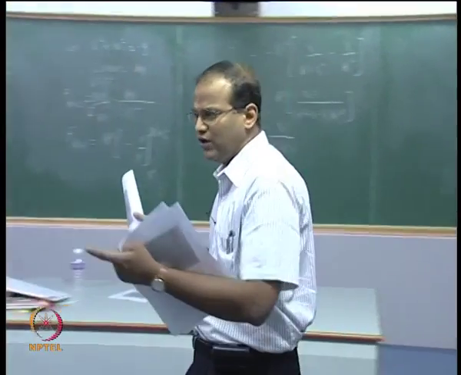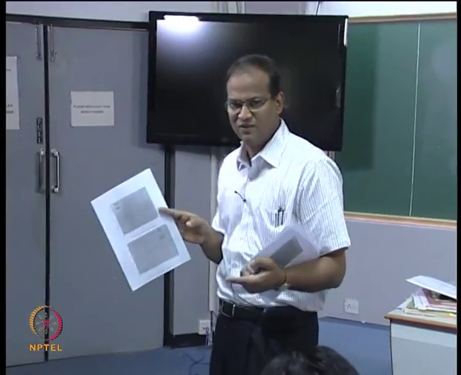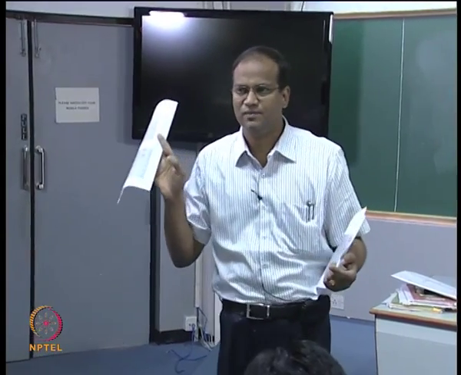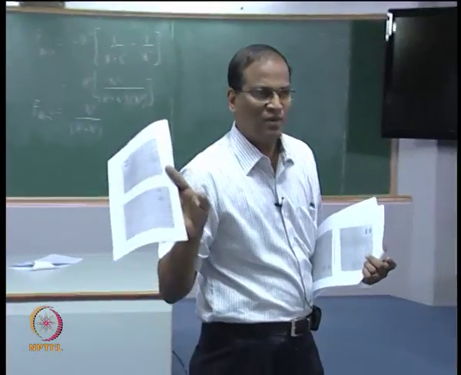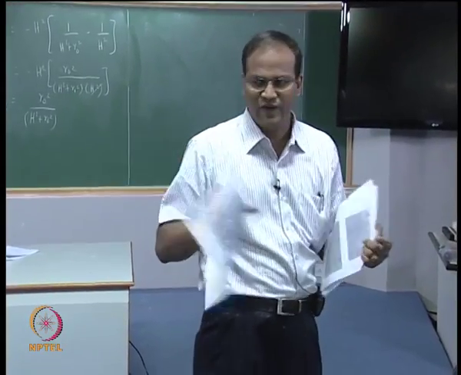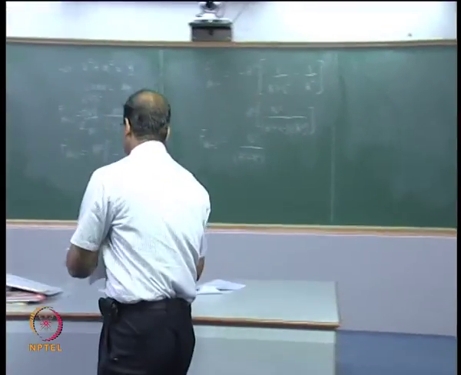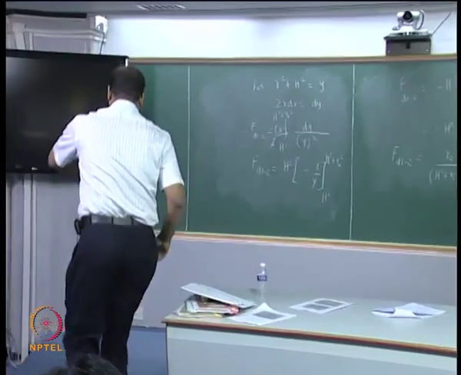If it is not okay you can make corrections now itself, you are going to use it in the second quiz as well as the exam. Now let us use this and solve some problems.